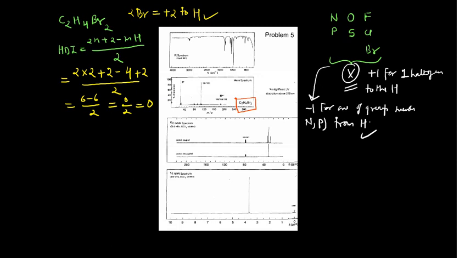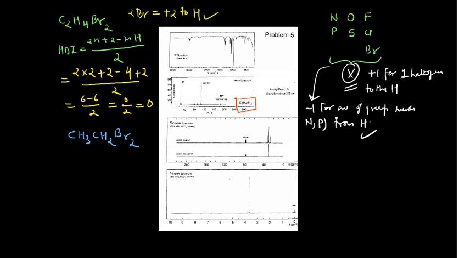So what are the possible structures for C2H4Br2? First of all, you can write CH3, then CH2, then Br2. Whether this is possible or not, check. No, this is not possible.